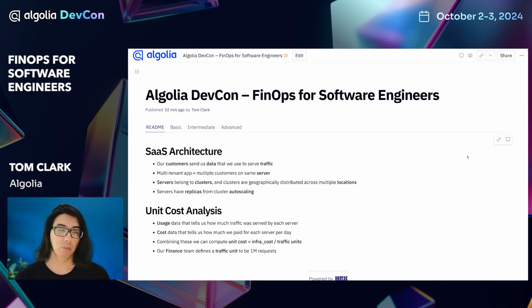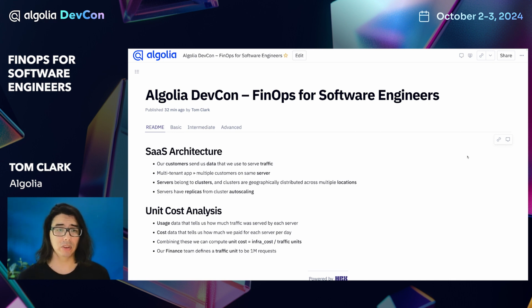We combine that with cost data that we get from our cloud vendor that tells us exactly in very granular detail how much we paid for bandwidth, how much we paid for storage, how much we paid for virtual machines.